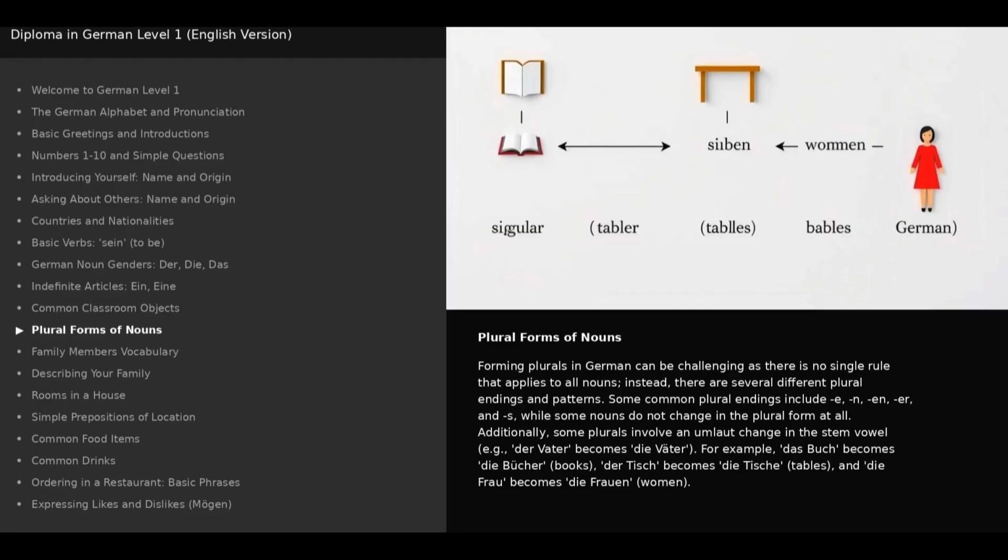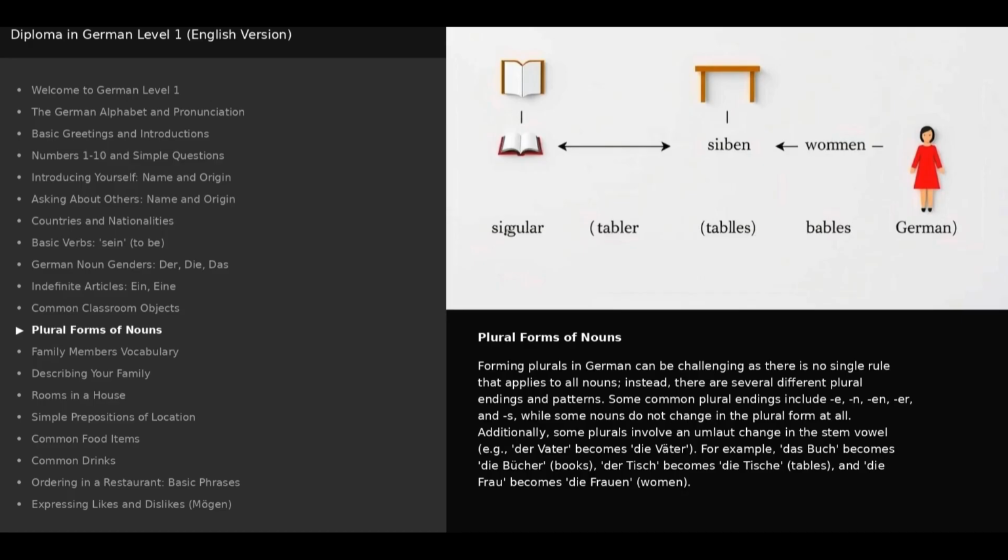Plural forms of nouns. Forming plurals in German can be challenging as there is no single rule that applies to all nouns. Instead, there are several different plural endings and patterns. Some common plural endings include -e, -n, -en, -er, and -s, while some nouns do not change in the plural form at all.